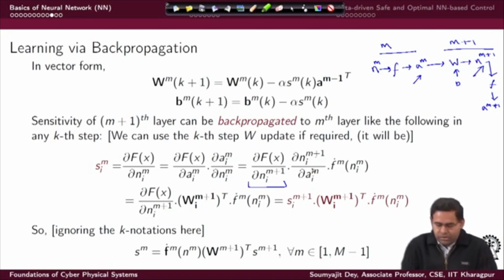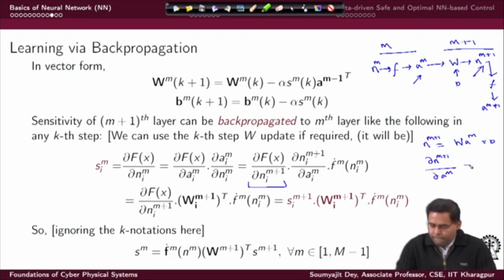So if you see, you have this relation between N's and W, right? Something like this. If you take this derivative, you get this W, but this W is of the m plus 1th layer, right?